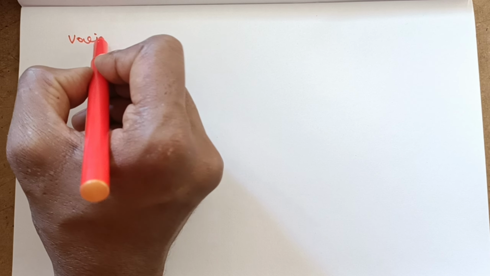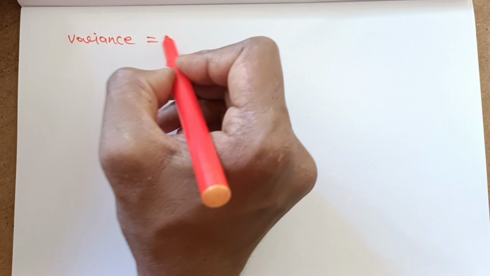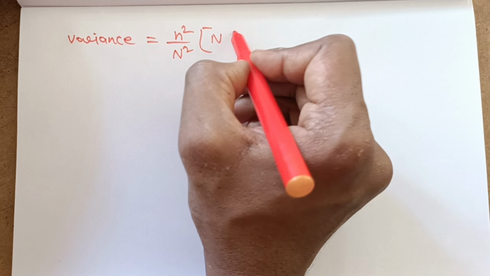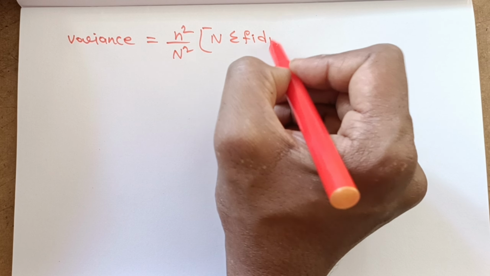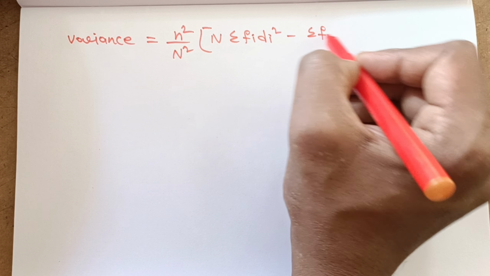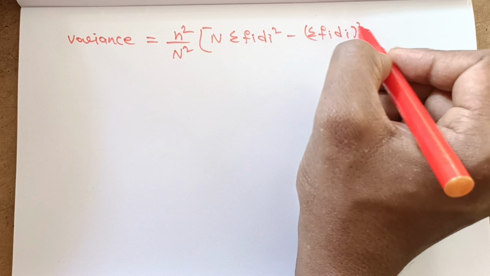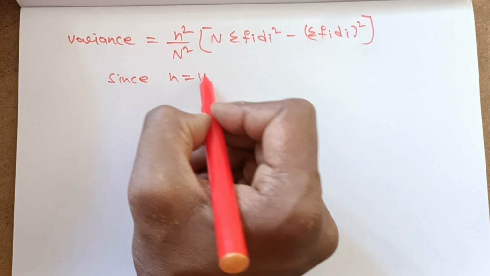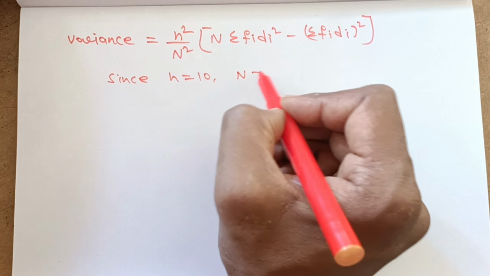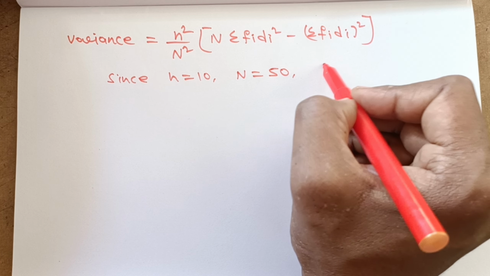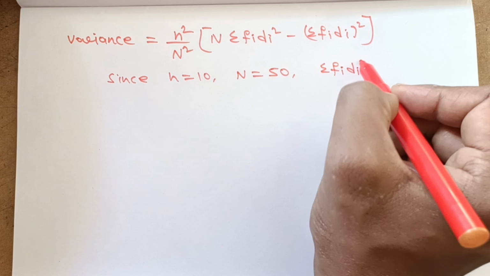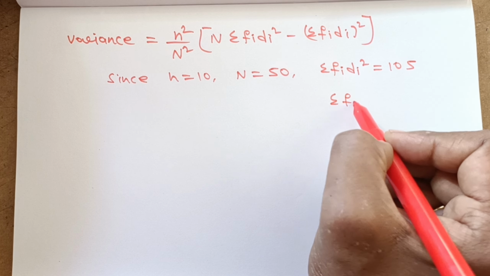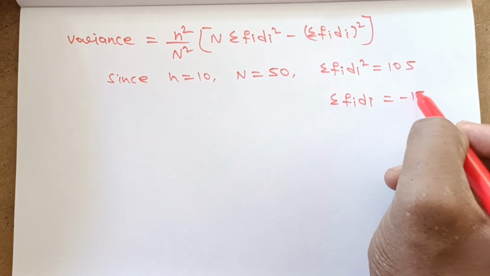First, variance. We know the variance formula is h square by N square into N sigma fi di square minus sigma fi di whole square. Since h is equal to 10, the length of the class interval, N is equal to 50, sigma fi di square is equal to 105, and sigma fi di is equal to minus 15.